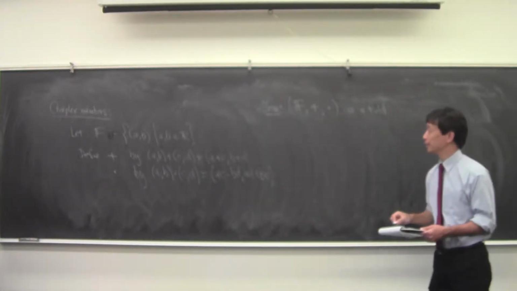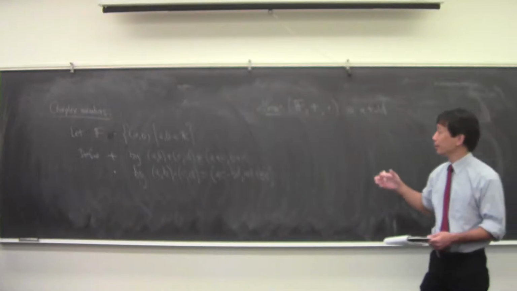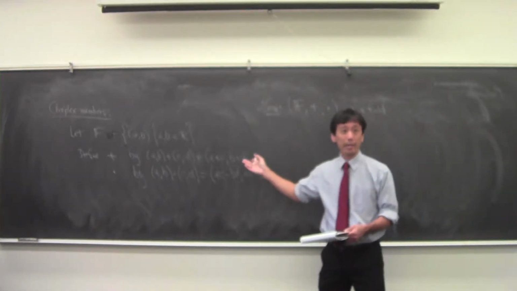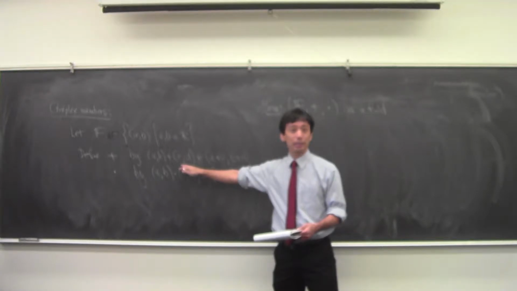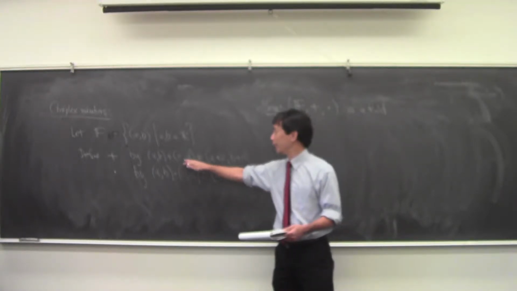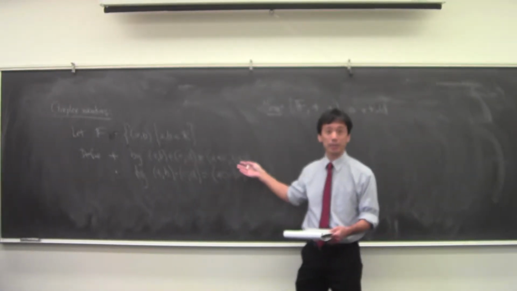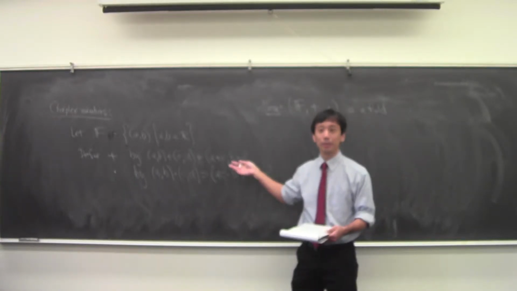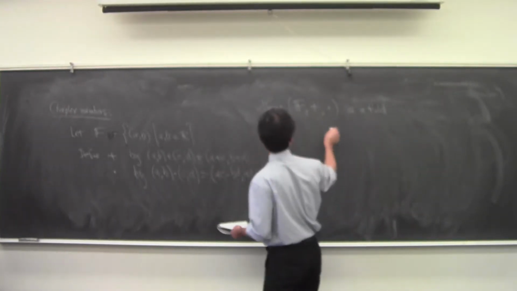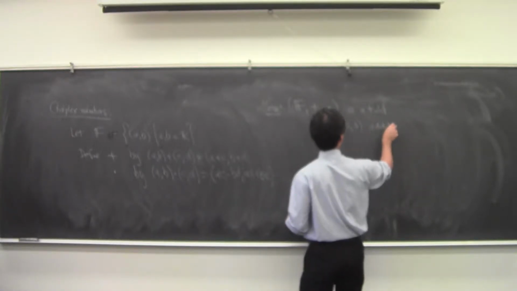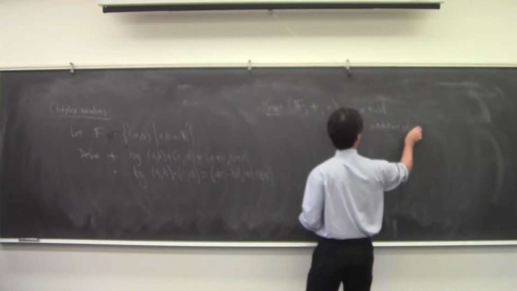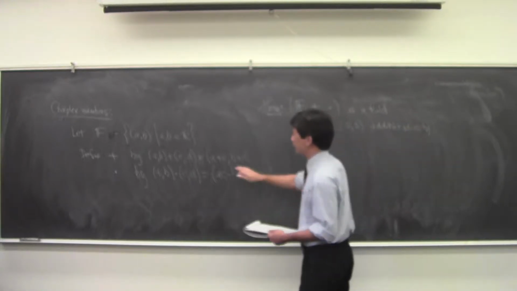Okay, and what's going to be the additive identity? What's the thing that you add and it doesn't have any effect? Zero. Well, 0, 0. So 0, 0 is going to be the additive identity.